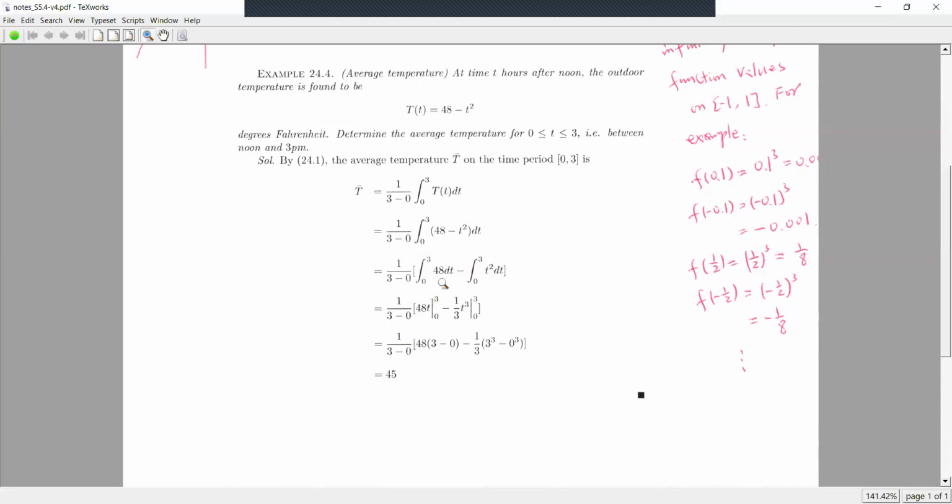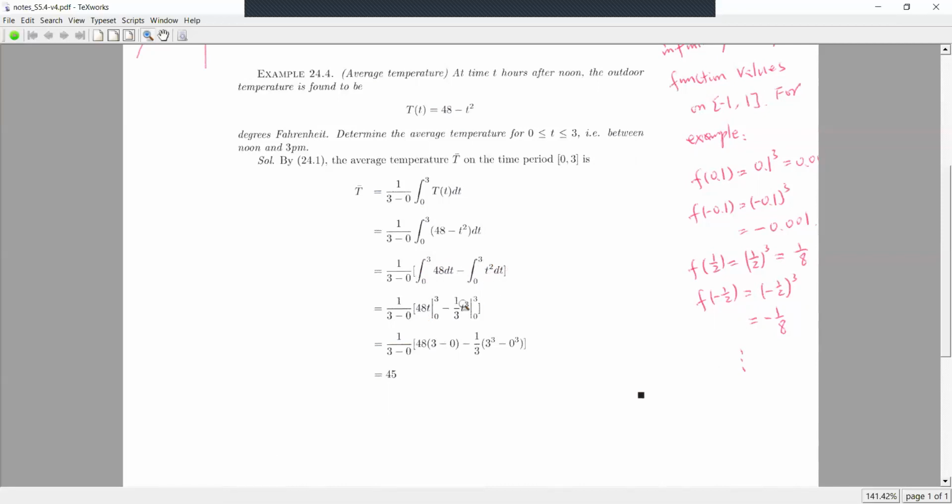Now, to compute these two integrals, we can use the fundamental theorem of calculus. The function in the first integral is 48. Anti-derivative is 48 times t. The function in the second integral is t squared.